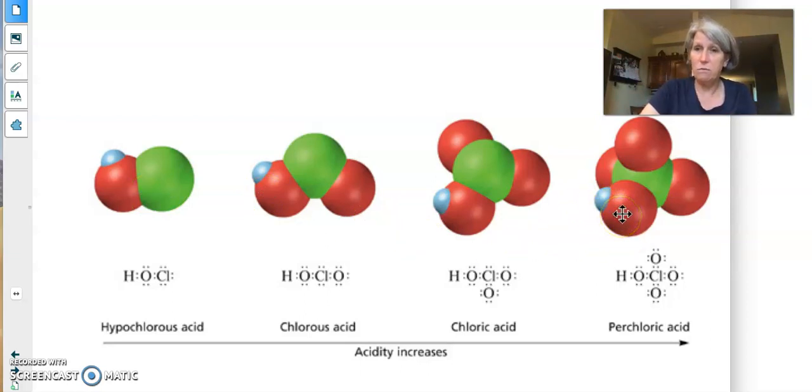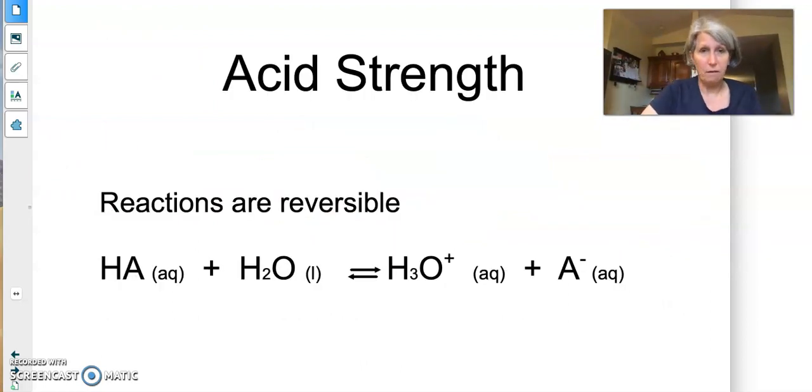So what does that do? That makes this hydrogen easier to get kicked off and to dissociate. The more H's that will dissociate, the stronger the acid would be. So that's something to know about the oxygen series for oxyacids.